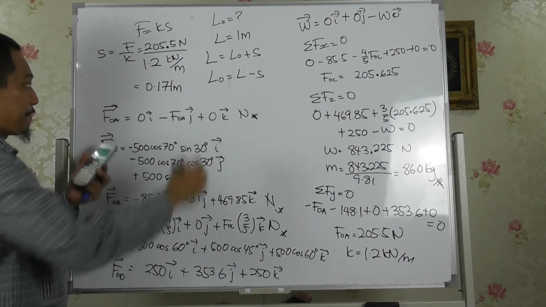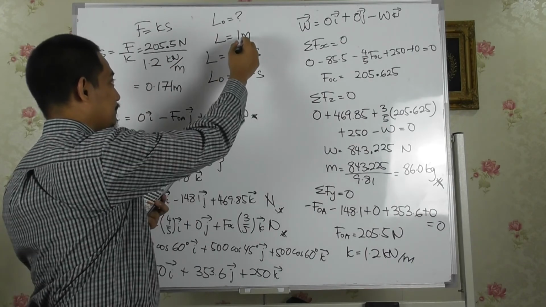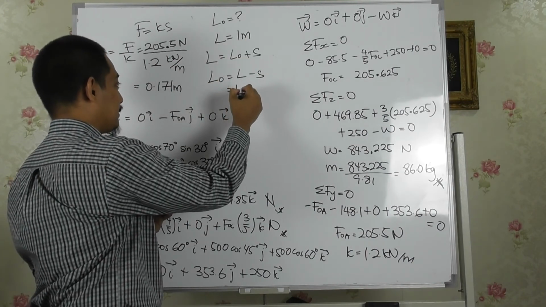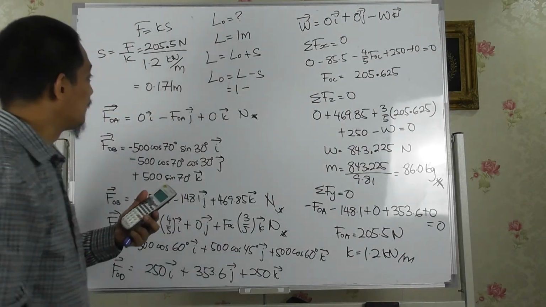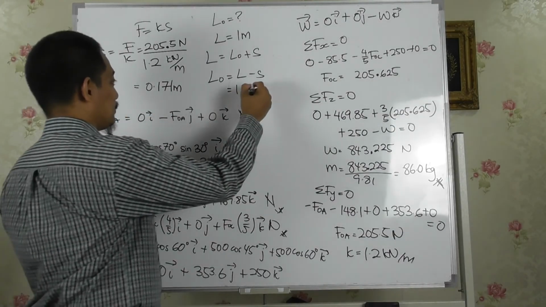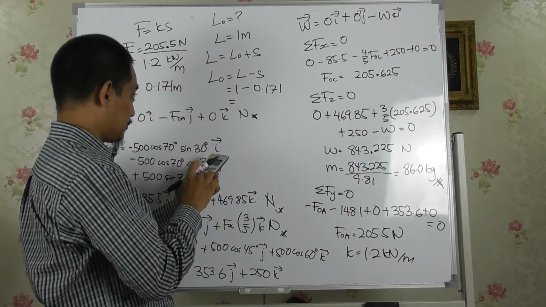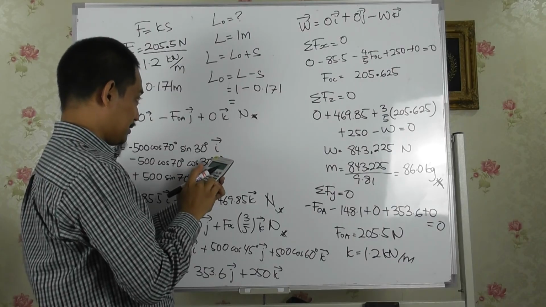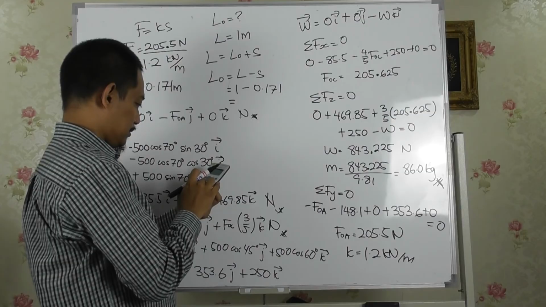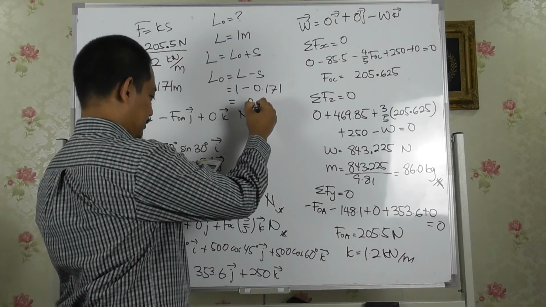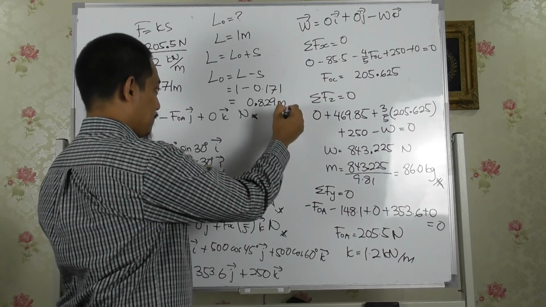0.171 meter, right? So if you have 1 meter there, 1 meter minus the stretch, which is 0.171, now L naught becomes 1 minus 0.171, 0.829 meter, right?